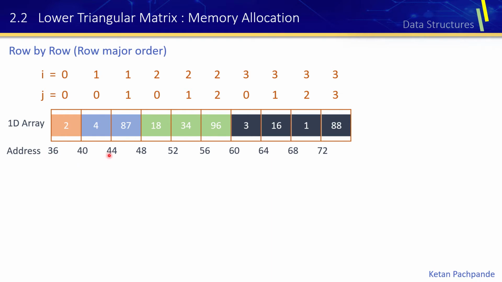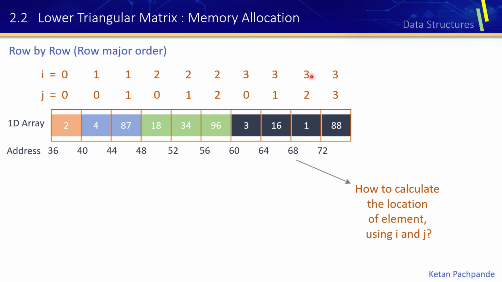Similarly, 40 plus 4 will be 44, 48, 52, and so on. Now the question is, if the programmer says the i value is, let us assume, 3 and the j value is 2, how to calculate the actual address in memory at which this particular element has been stored.